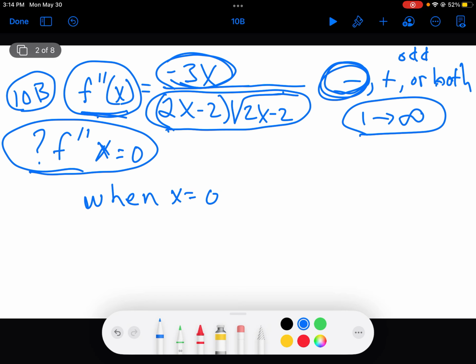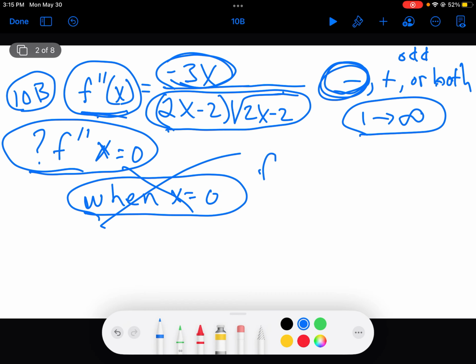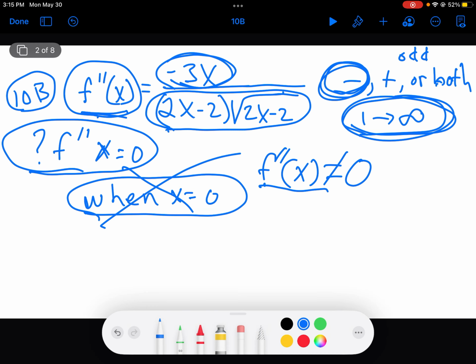What he left out was, oh, but the original function's undefined at x equals 0, so this is no longer relevant. But what he is saying is, there's nowhere else where f double prime equals 0. So in fact, over this domain, what he's really showing you is that f double prime of x never equals 0.